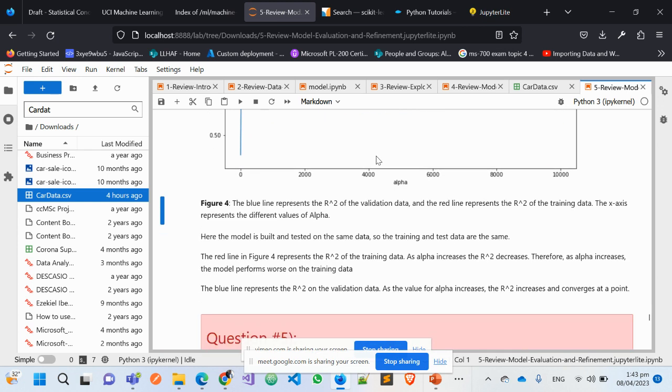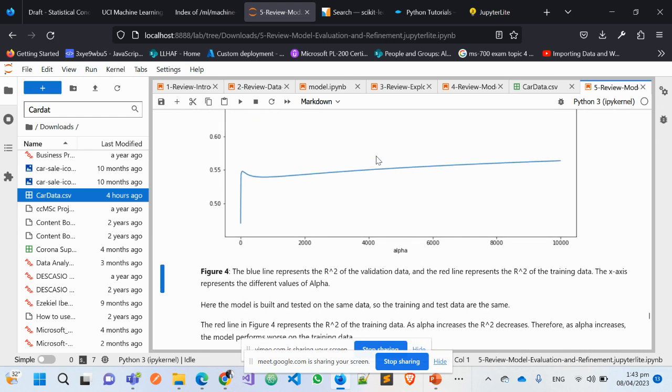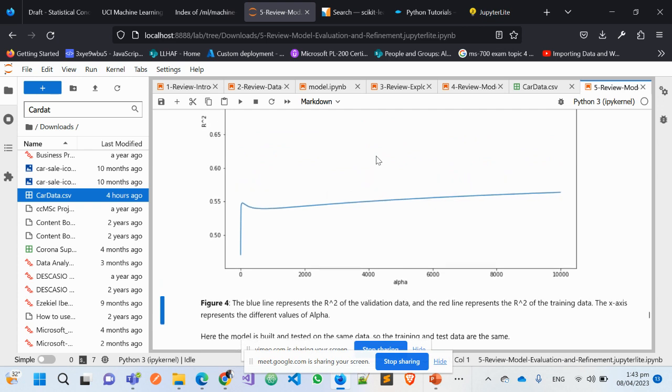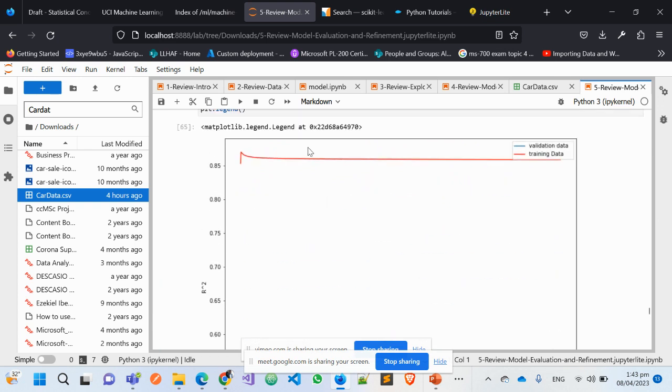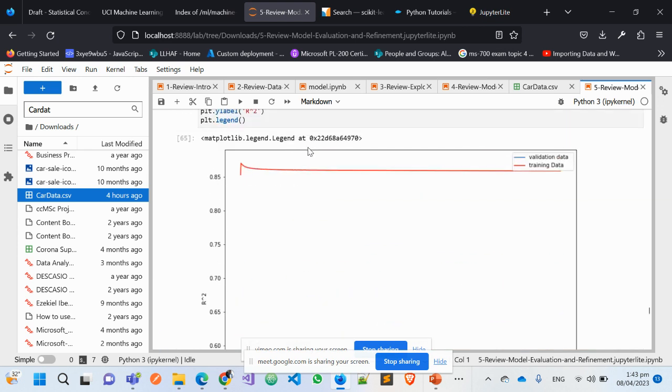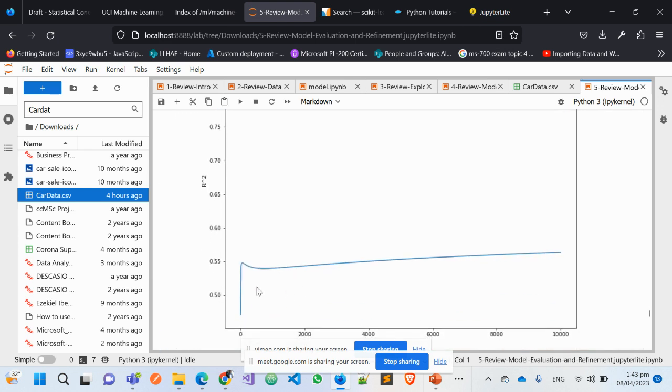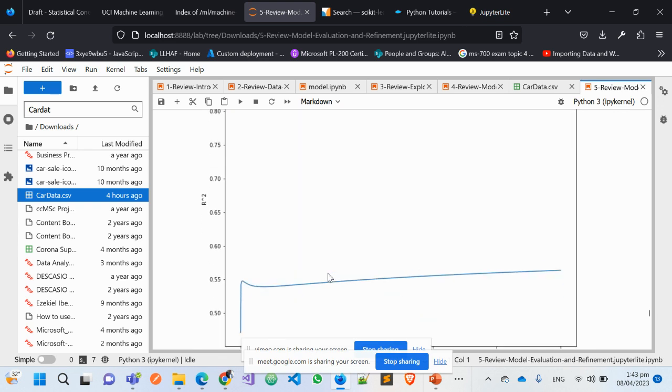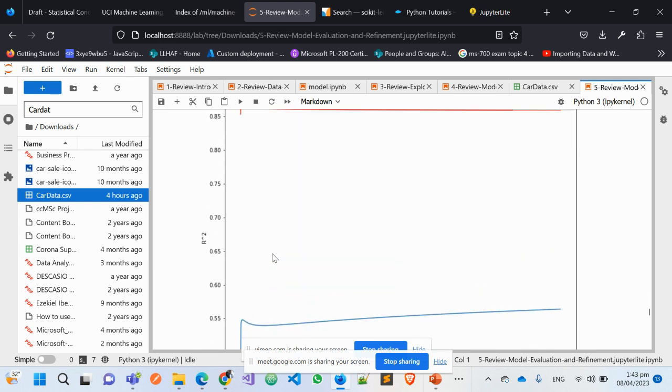And what we get as the outcome is that as the alpha increases, the R squared decreases. Then the validation data, which is the blue line, also follows a bit of that with the training data.